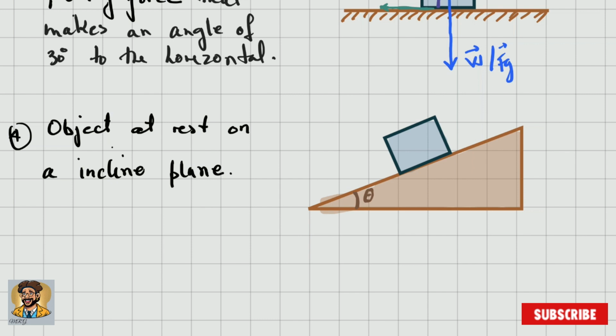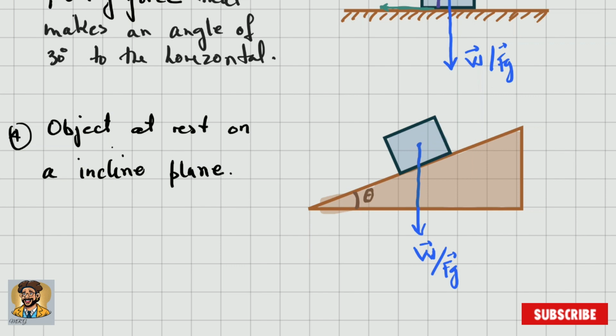Now, what forces are acting on that object? First of all, weight. Weight always points down, from the center of the object straight down. This is weight, or gravitational force. Either one you can write, it's up to you. The surface acts on the object with the normal force.